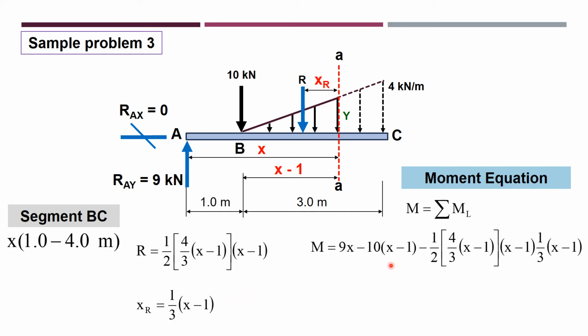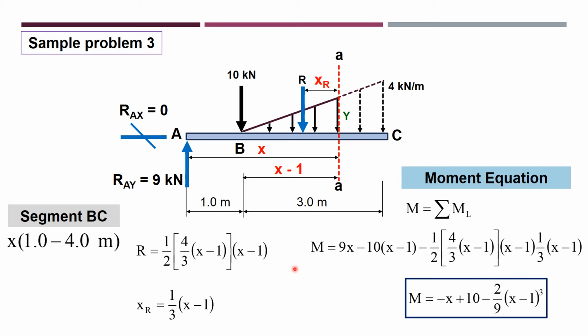So this is now the formulated equation, and we need to simplify this para later on, mas madali tayong makapag-substitute ng values. And this is the simplified form of that. So you have negative x plus 10 minus 2 over 9 by quantity x minus 1 raised to 3.